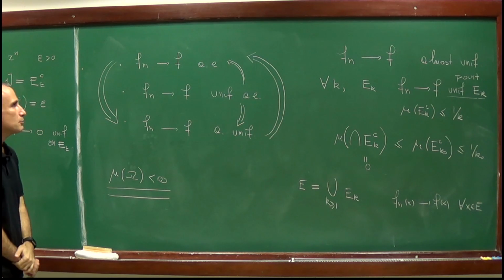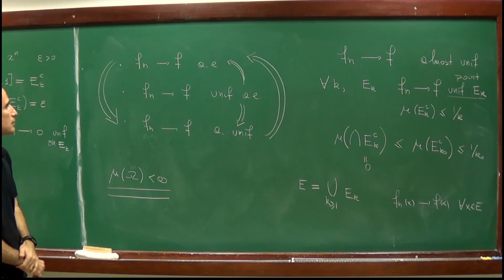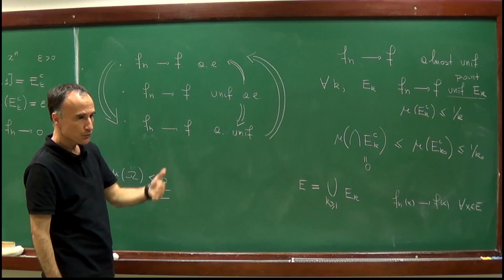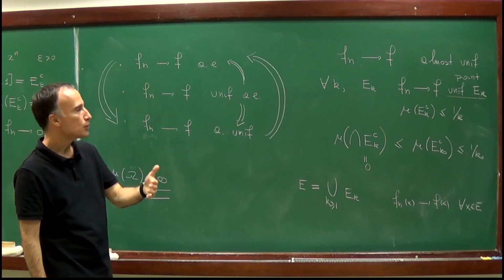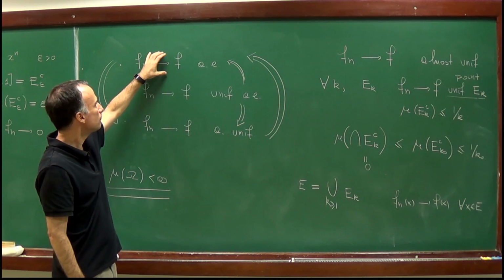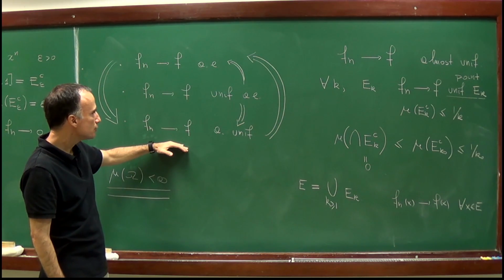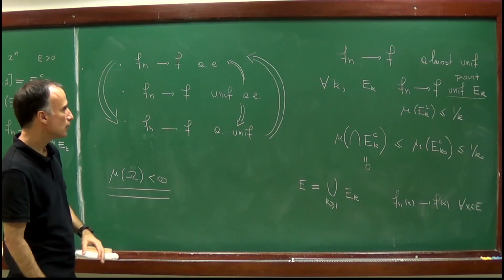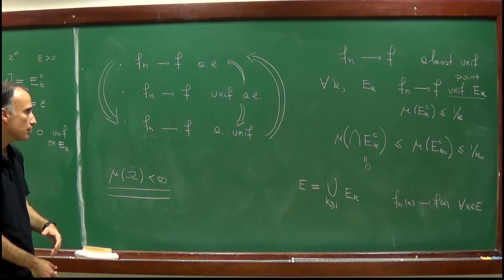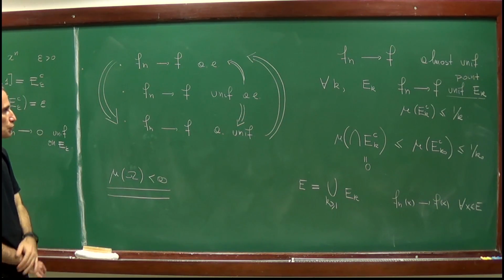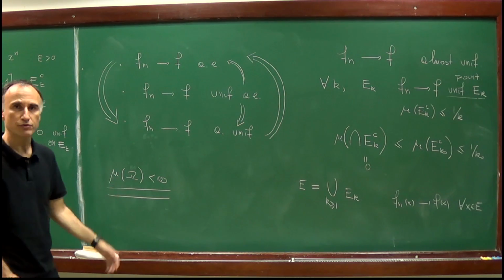And this is somehow surprising, right? You are starting from a sequence which converges pointwise at almost every point, and from this information you can deduce that, in fact, if you are allowed to remove a set of measure epsilon, then you get uniform convergence. So this is our last claim of today's lecture, which I will present now.